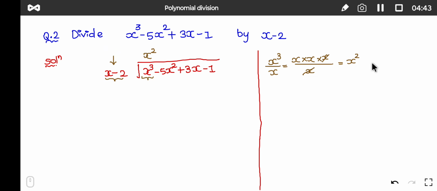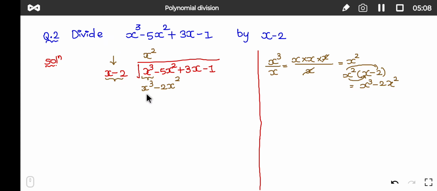The next step is we have to multiply this x square with the divisor, which is x minus 2. So x square multiplied by x will get x cube, minus x square into 2, that will be 2x square. Okay, so we'll write down here x cube minus 2x square.